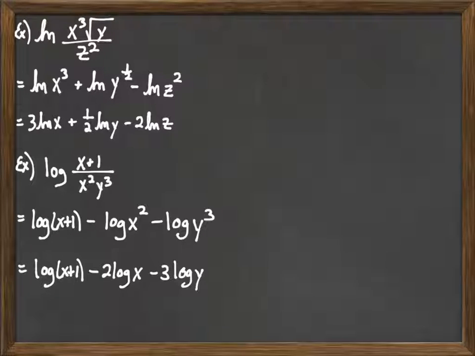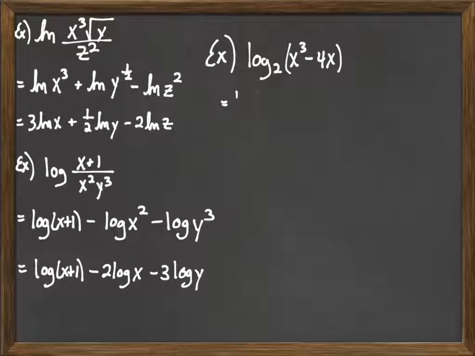And we have one more example that we want to look at. This one's a little more complicated. It begins as a subtraction problem, and the first thing you have to kind of keep in mind is I cannot expand the log of x cubed minus 4x. But what I can do with that x cubed minus 4x is I can factor out a common factor of an x, and then I notice to myself that I'm left with x squared minus 4, which I can factor as well.